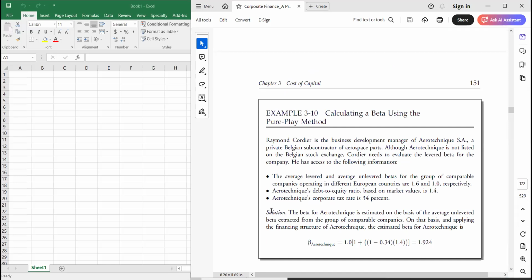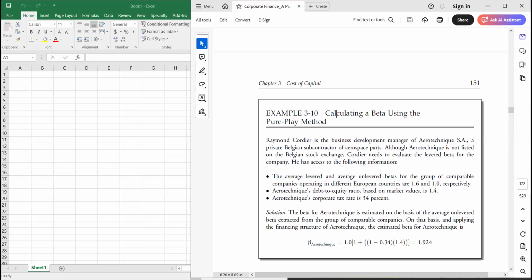Now, we know that to calculate the WACC, there are several ways to do that. Let me open one chapter and put it on Excel. Okay, here we go. I'll copy the formula and put it there so that we can see it.